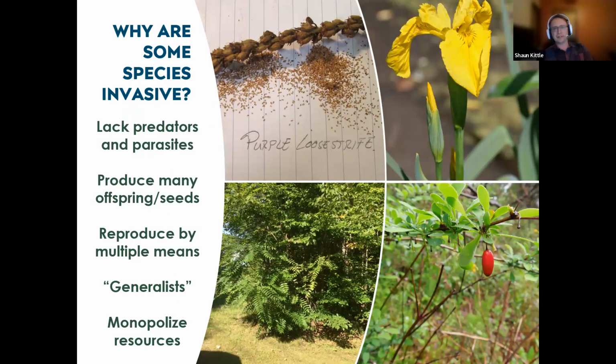Now, there are other characteristics of invasive species that are concerning as well. And unlike the previous slide, a species doesn't have to check all of these boxes to be considered invasive, but these are some really common characteristics that invasive species tend to have. So, lacking predators and parasites: Japanese barberry, which is in the lower right-hand corner there, it's that red berry. It's a poor forage for animals in our area.